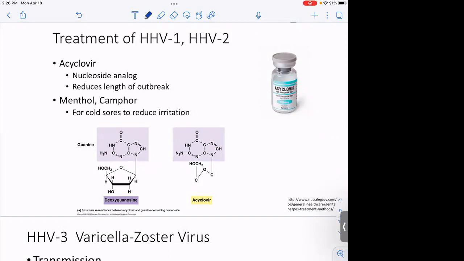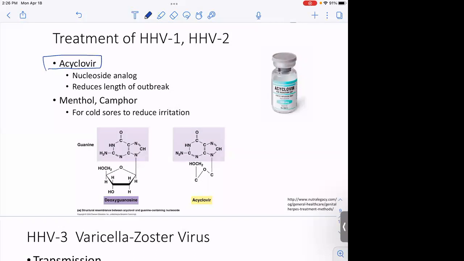The drug that is most commonly used is called acyclovir, and there are several different variations of acyclovir, but it's a nucleoside analog. So remember, we talked about this back when we were talking about mutagenesis in our genetics chapter 6.